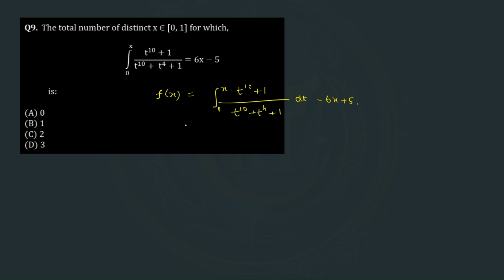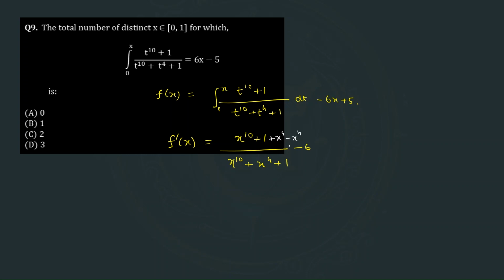So let us differentiate this function. So f dash x, by Newton-Leibniz rule, will become x to the power 10 plus 1 divided by x to the power 10 plus x to the power 4 plus 1, minus 6. Now we can actually add and subtract x to the power 4 here.